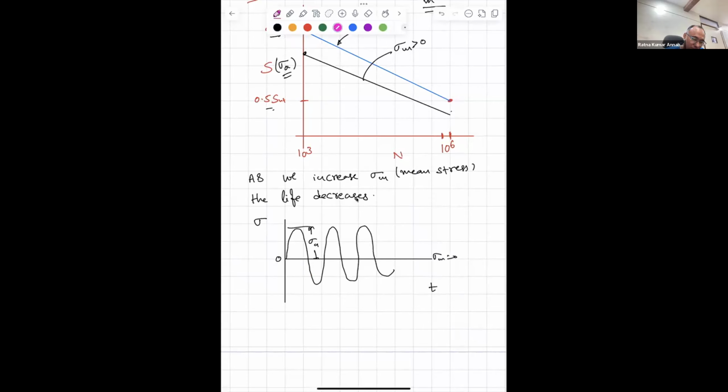But if you have non-zero mean stress, repeated loading, then my mean stress is sigma m greater than 0.